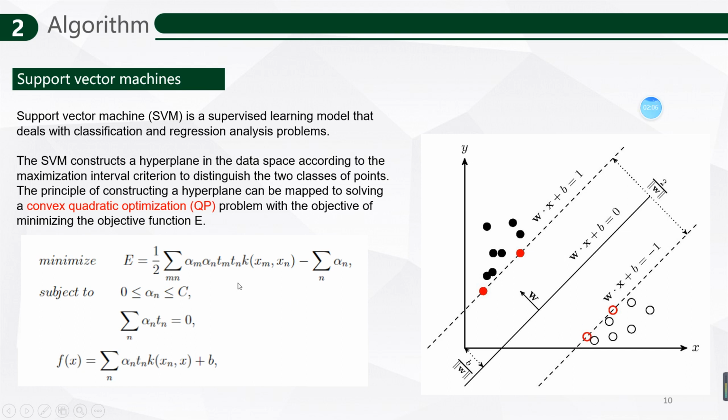And the SVM can be described as a convex quadratic optimization problem, which is a QP form, as you can see here.